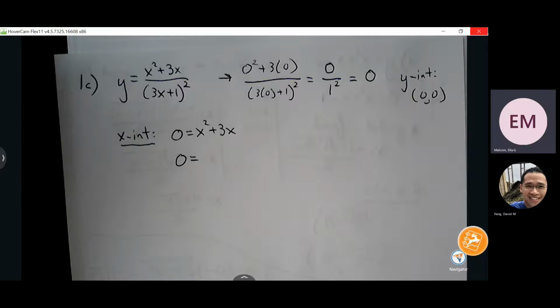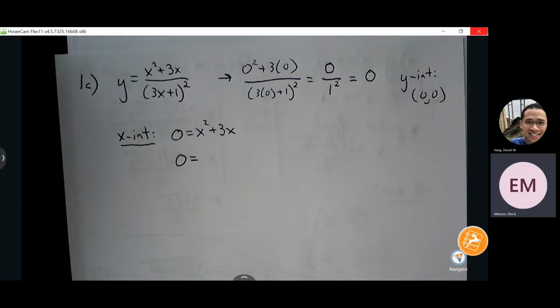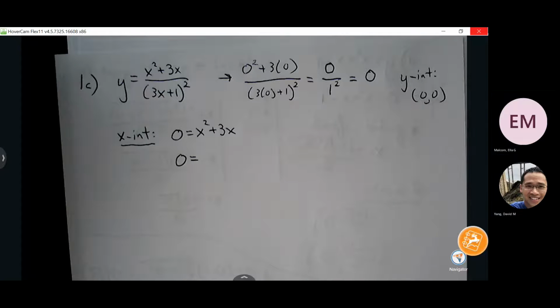So wait, how would I find the x-intercept for this? Would I like factor it? Yeah, take out a GCF. Okay. I could take out x, and then that'd be x plus 3.